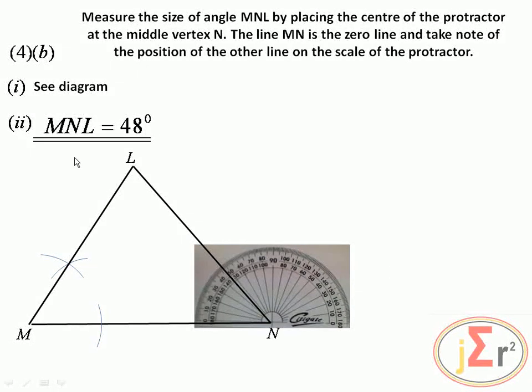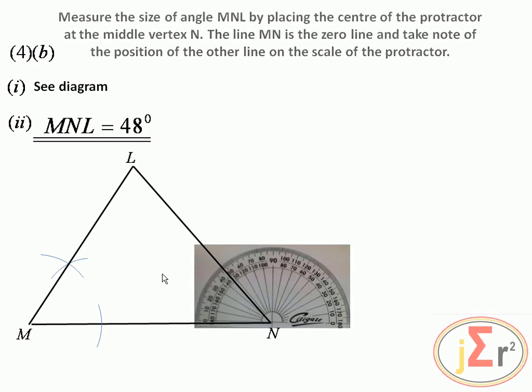The angle MNL is 48 degrees because this line is actually at 48 degrees on the scale of the protractor. It is measured to be 48 degrees.